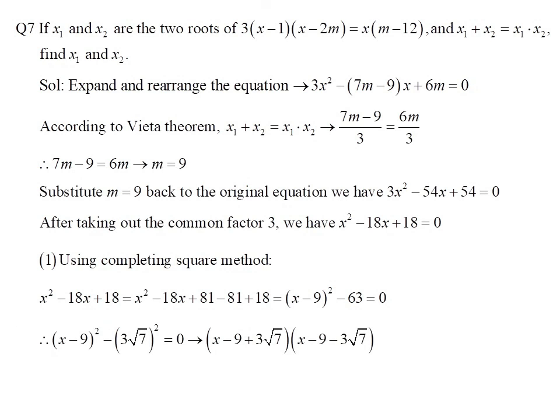After this step, we have (x minus 9) squared minus 63, which can be factorized using the formula of the difference of two squares. Therefore, we have the roots of this equation, which are 9 minus 3 square root 7, or 9 plus 3 square root 7.